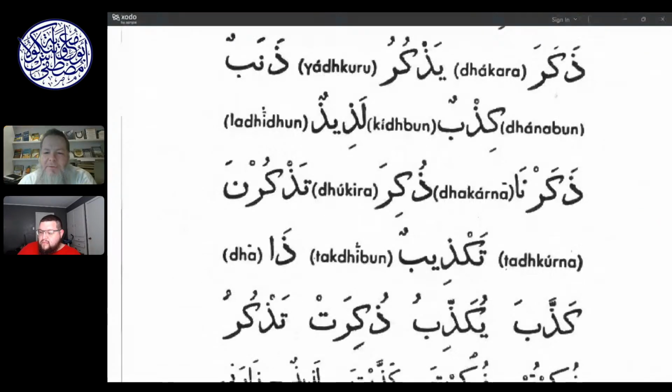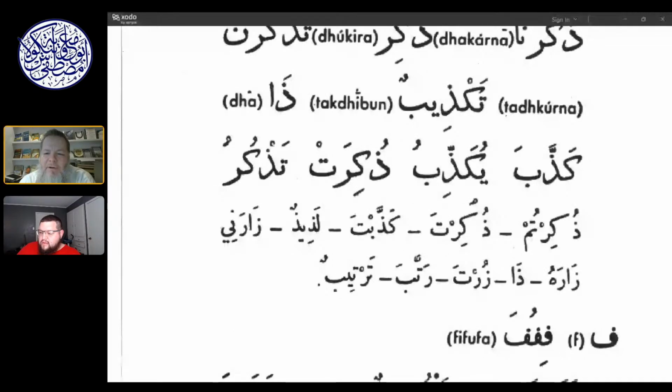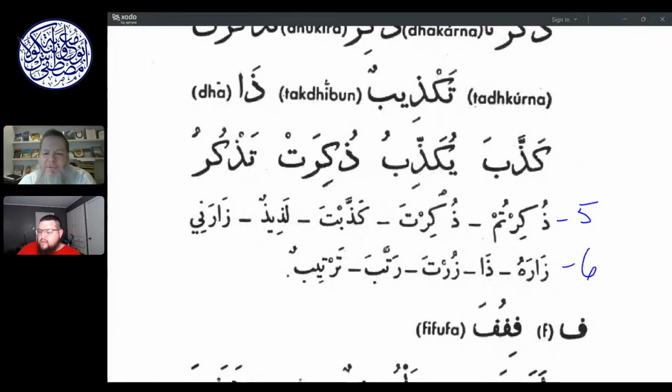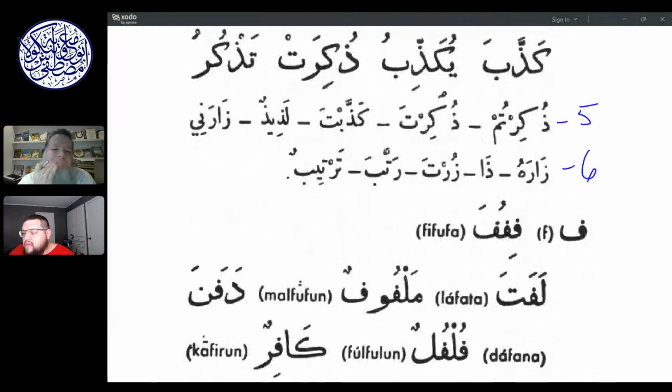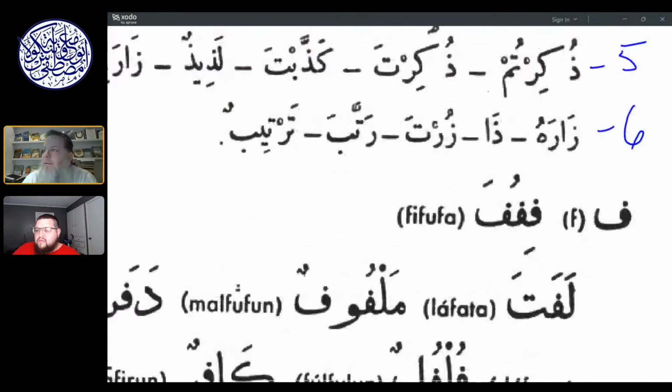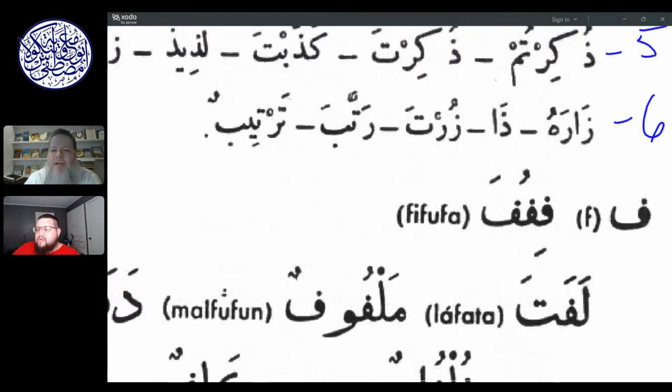Let's just read number 6. Zadahu. Here's our line.